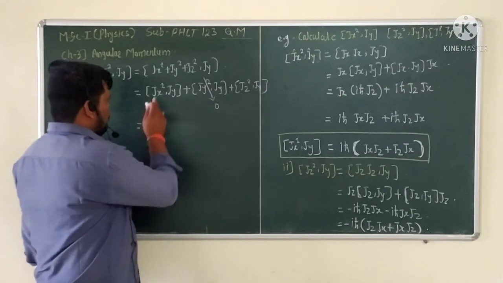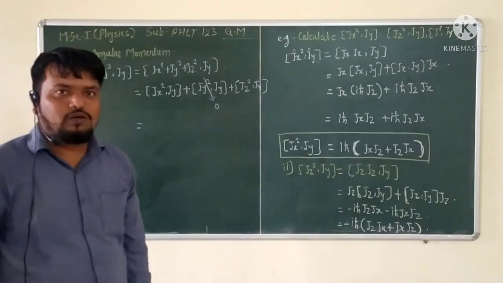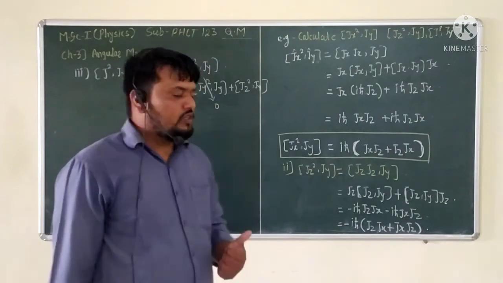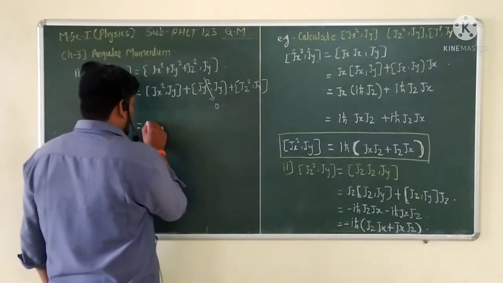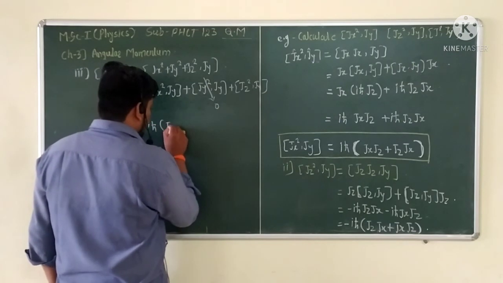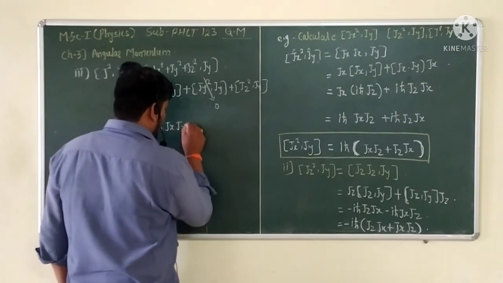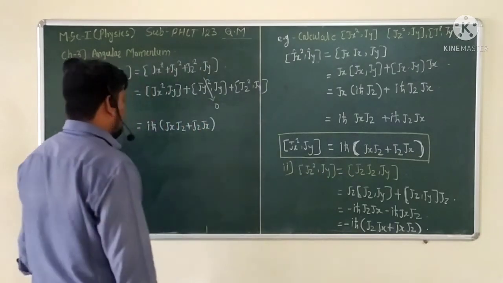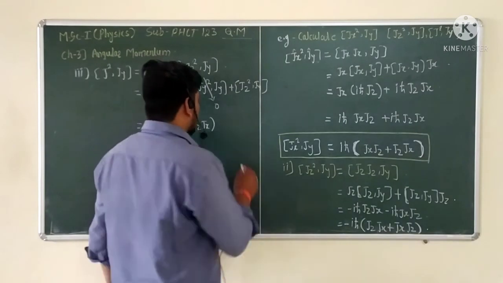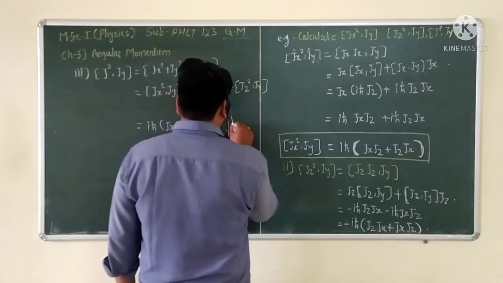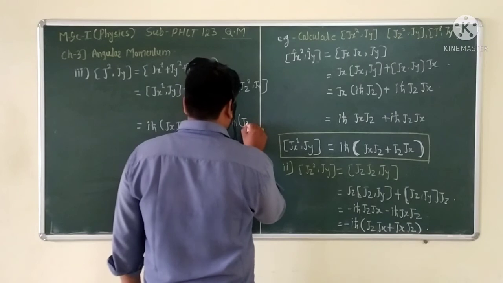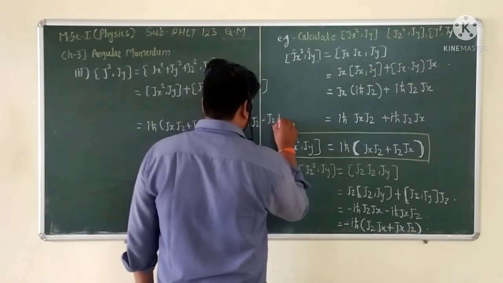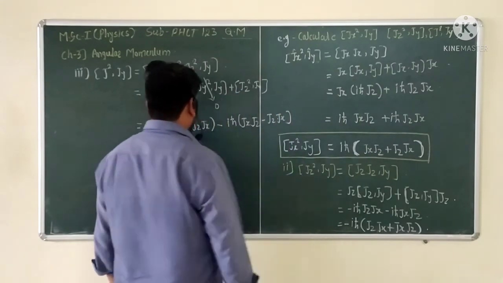The relation of [Jx², Jy] we already solved in the last identity, and it is iħ(JxJz + JzJx), and the next identity [Jz², Jy] is minus iħ(JxJz + JzJx).